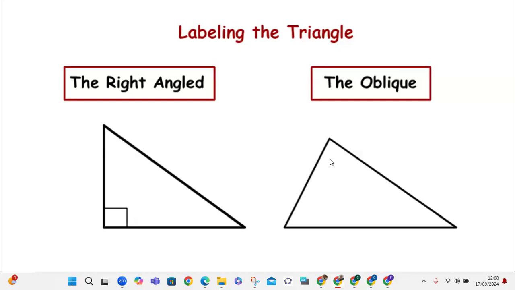And the oblique triangle that does not have any vertex or any angle which is 90 degrees. So you can label this one to the left, the right angle triangle, and this one to the right, the oblique triangle.